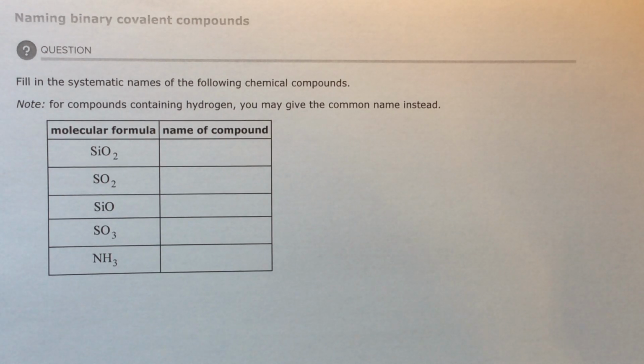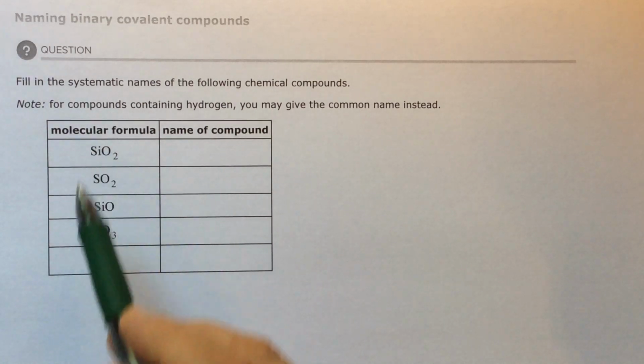The second one, you'll use prefixes plus IDE ending at the end. All right, so if you have the first of the two, if there's only one, you don't have to say mono, but the second one you would have to say mono. All right, so let's look at some of these.